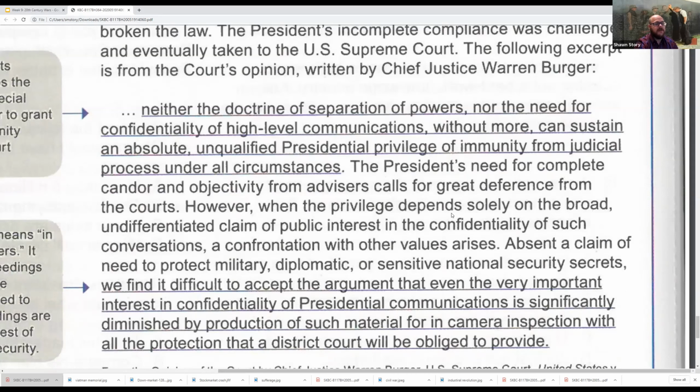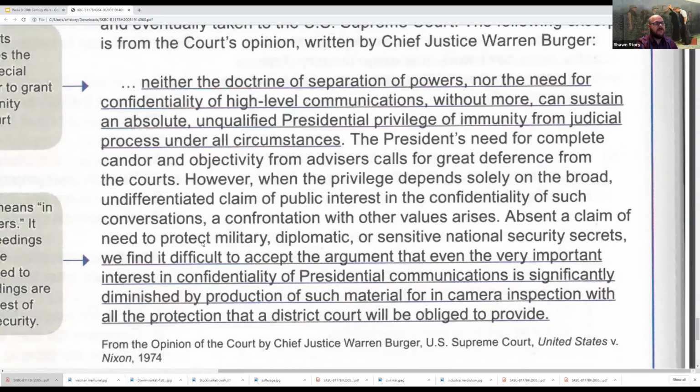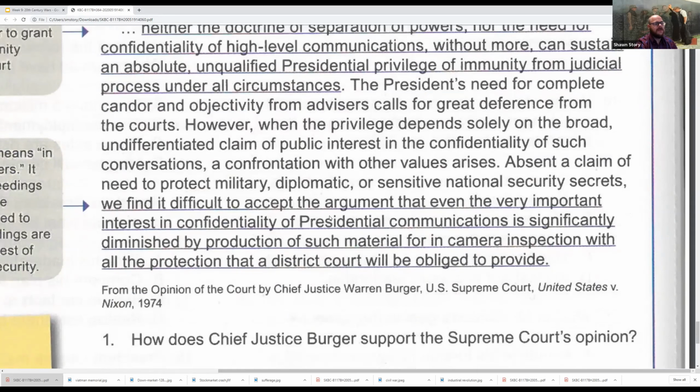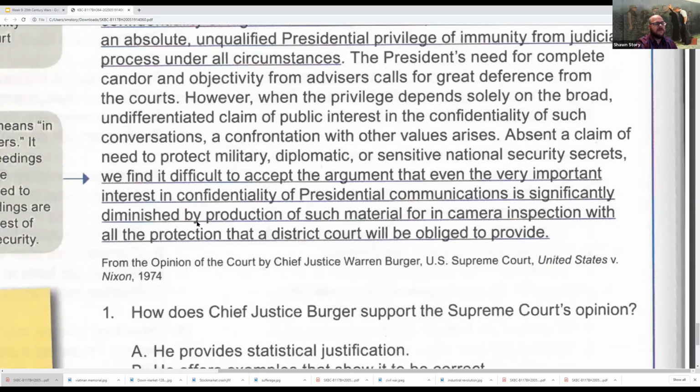However, when the privilege depends solely on the broad, undifferentiated claim of public interest in the confidentiality of such conversations, a confrontation in which other values arise, absent a claim of need to protect military, diplomatic, and sensitive national security secrets, we find it difficult to accept the argument that even the very important interest in confidentiality of presidential communications is significantly diminished by production of such material for in-camera inspection with all the protection that a district court would be obliged to provide.